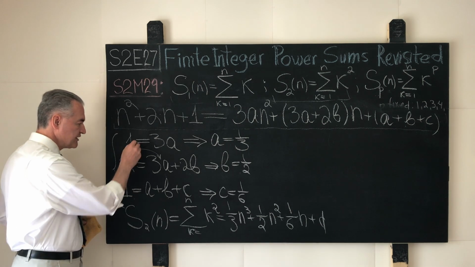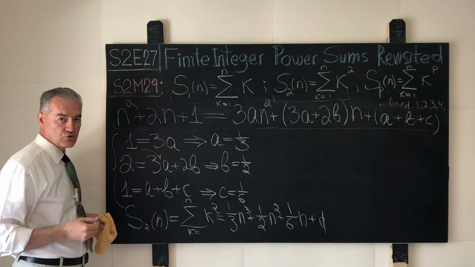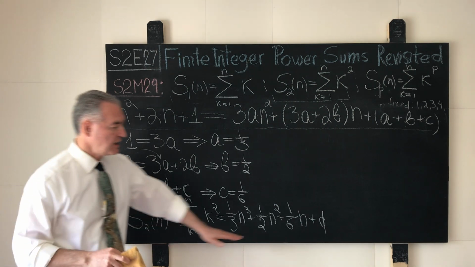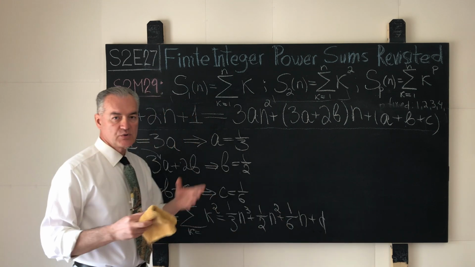So now we had three simultaneous equations, three variables. We recovered the values of all these variables, but now we still have one constant real number d left over. How do we recover its value?